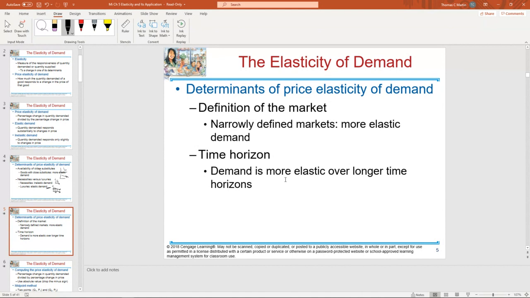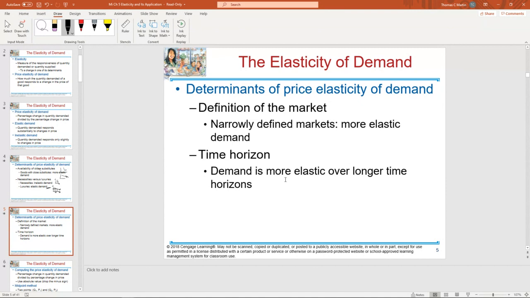So the broader the definition of what we're looking at, the more inelastic it'll be. Now, as we narrow down the markets, we'll become more elastic. So we narrow it down to T-bone steaks or to Honey Nut Cheerios or whatever. You will see that curve become more elastic because more competition is going to be available.